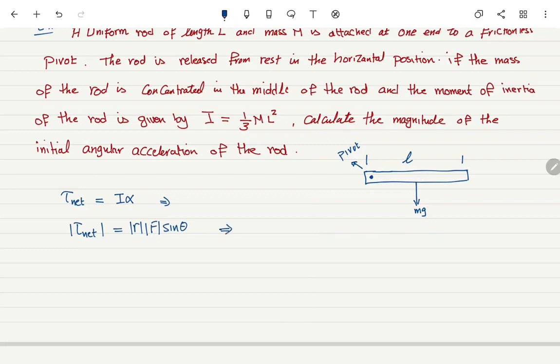R in this case is equal to L over 2, and F is the weight of that rod, and the angle between the force and the position R is equal to 90 degrees.